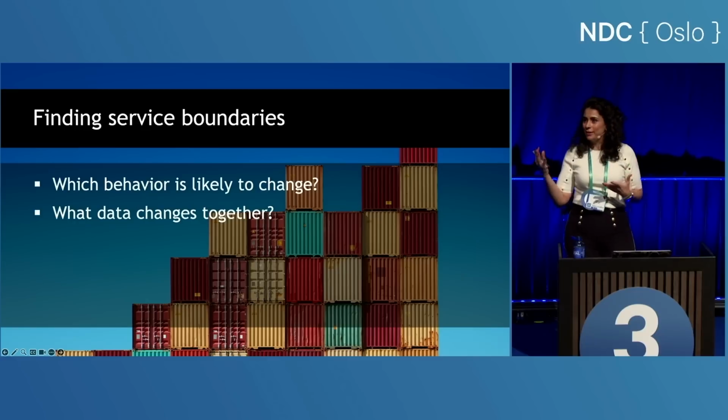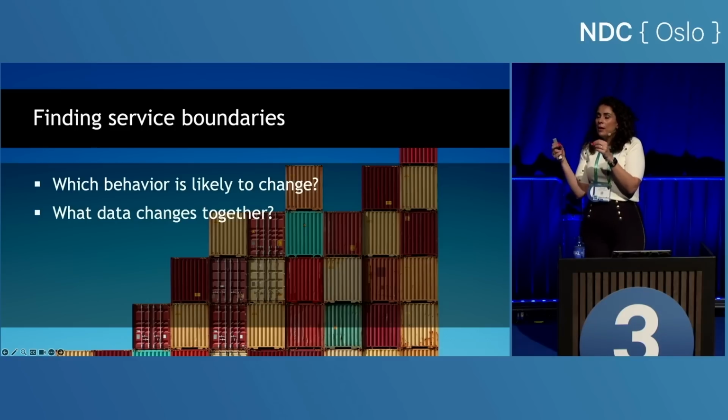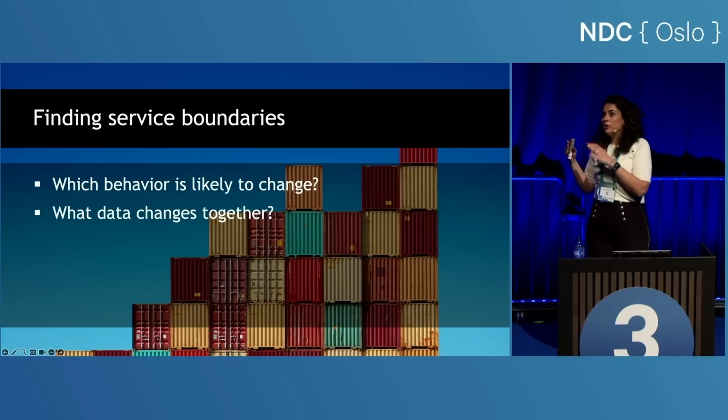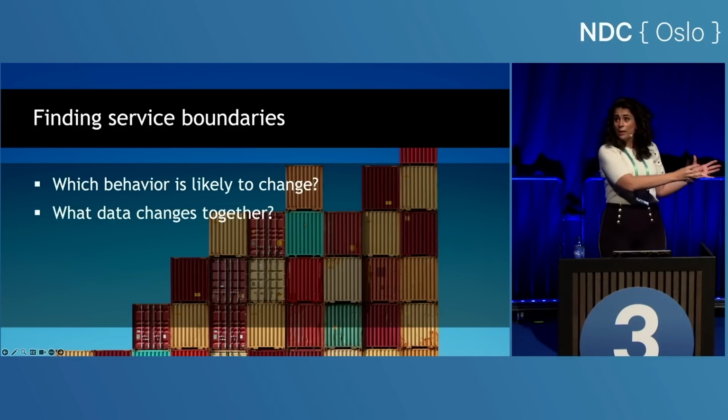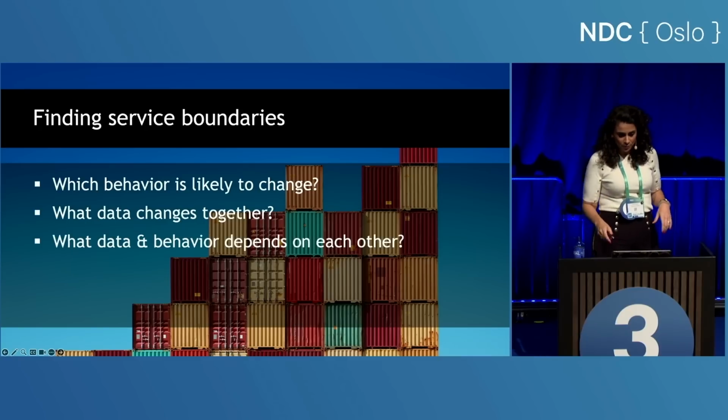That's more likely if you're doing a rebranding or something like that. So it becomes important to start to think about which attributes change together and keep that data together. So the data doesn't change often, you can isolate that. And the data that changes more often, you can isolate that away as well, okay?